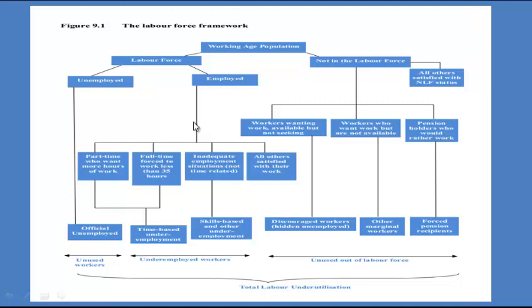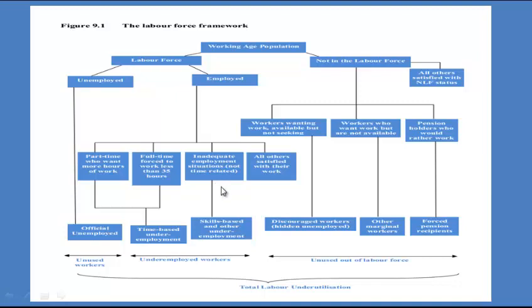Among the employed people, there are many types of people. There are full-time workers, and there are part-time workers who would like to work more. And then there are people who are satisfied with the amount of work that they have, and there are people who have inadequate employment.